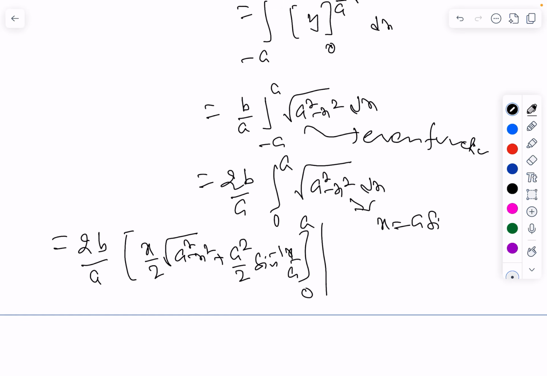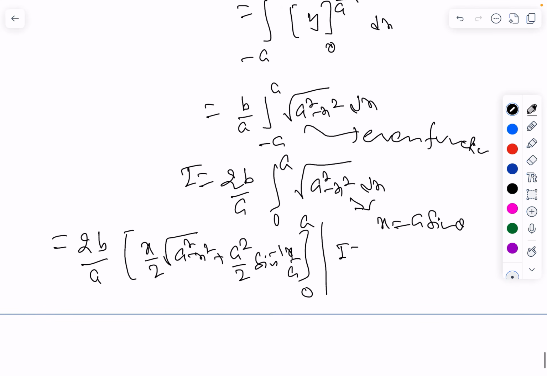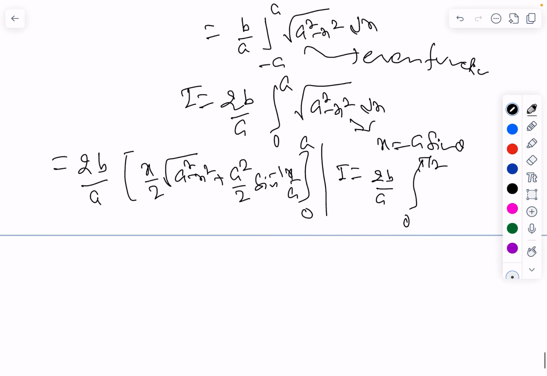You take x equal to a sine theta, and this will become 2b by a. Now when x is 0, theta is 0, and when x is a, sine theta is 1, so theta is pi by 2. Okay. Then root of a square minus x square is root of a square minus a square sine square theta.